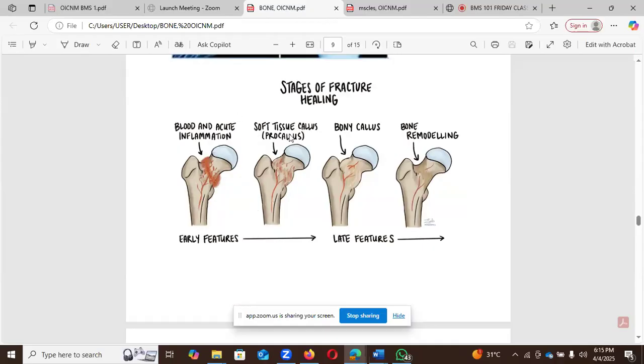Second stage is that there will be formation of soft callus, soft cartilaginous bone. The third stage is that the soft callus will turn to hard callus, bony cartilage. And that cartilage will be remodeled, bone remodeling to form a proper bone.